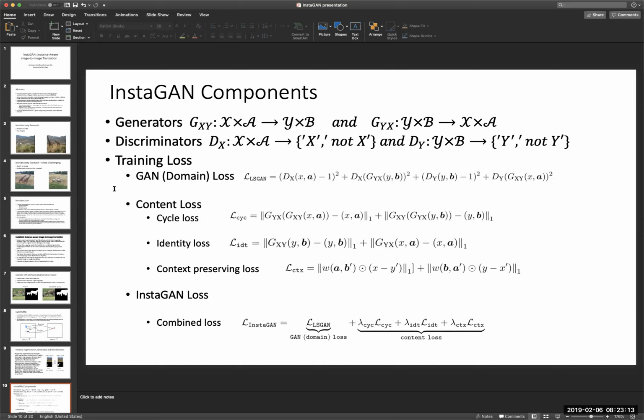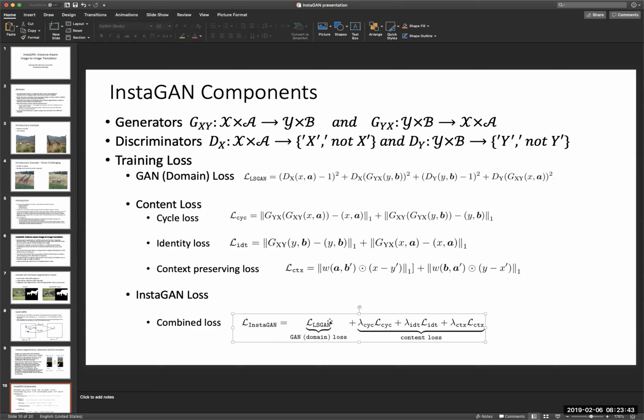So in order to train this system to pick the best generators and discriminators, we need to define a loss. The loss that we're going to define is the InstaGAN loss, and it's the sum of 4 components.